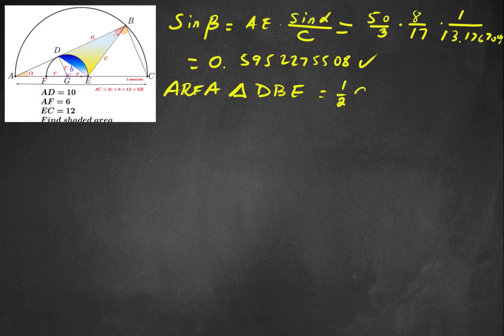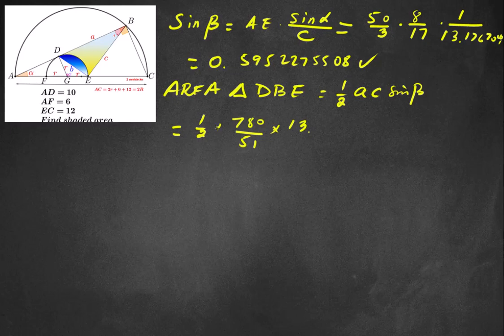It has become simple now. It is 1/2 of AC times sine beta. So we just plug in these values again. It's going to be too fast now. We know what A was, it was 780 over 51, times C. We just found C, and C was 13.17670401.